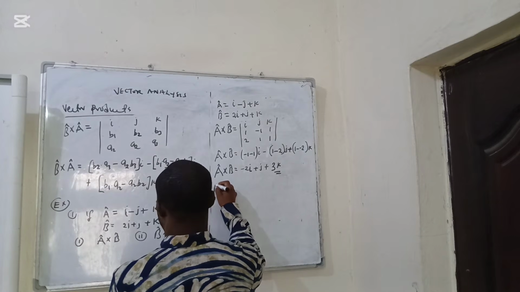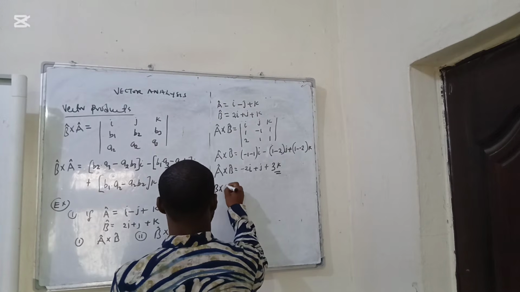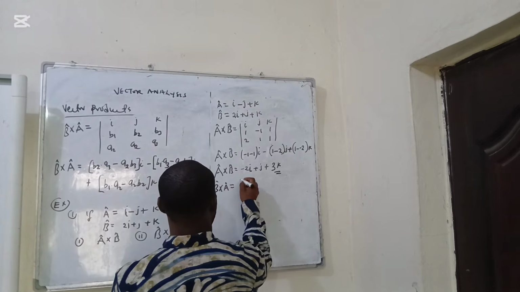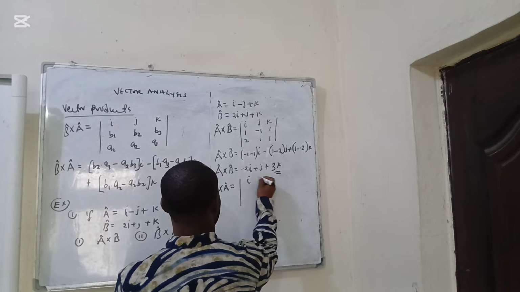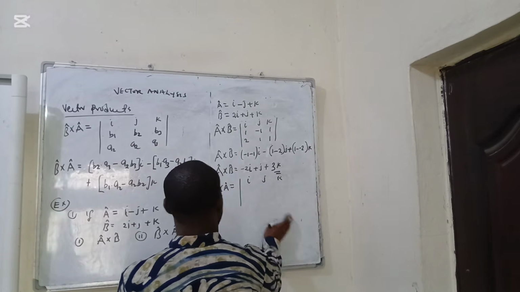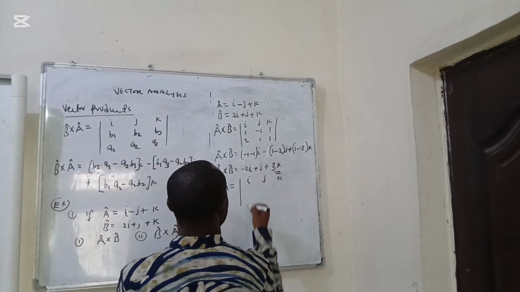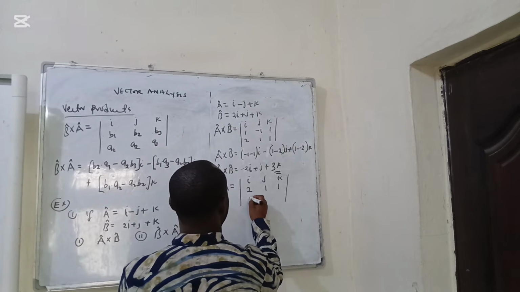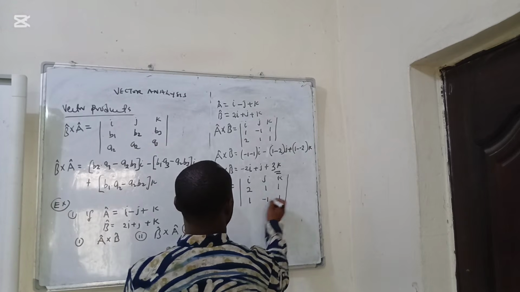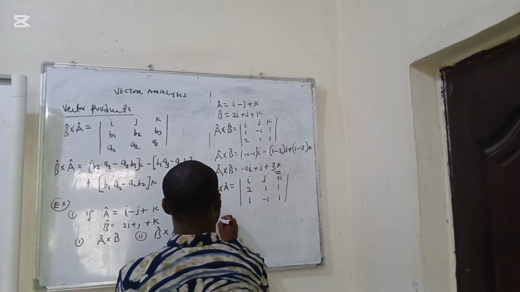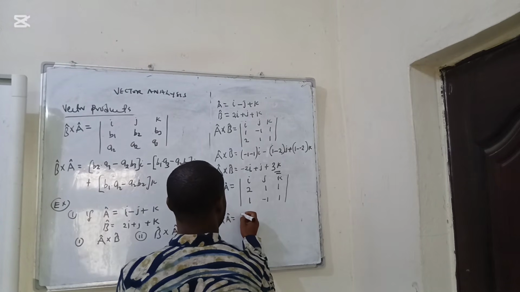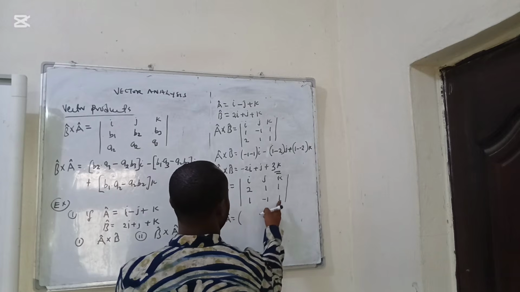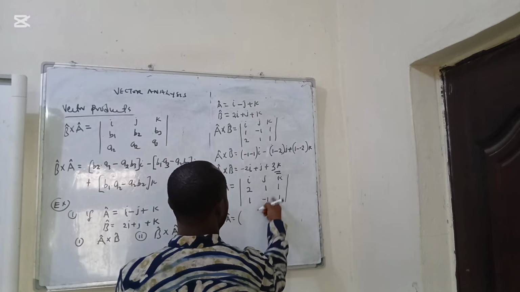So the next is that we are also asked to look for the cross product of B cross A, and of course we're going to include the coordinates and B comes first. So we're having 2, 1, 1, and also for the A element we have this. So this is giving us this times this and this times this.